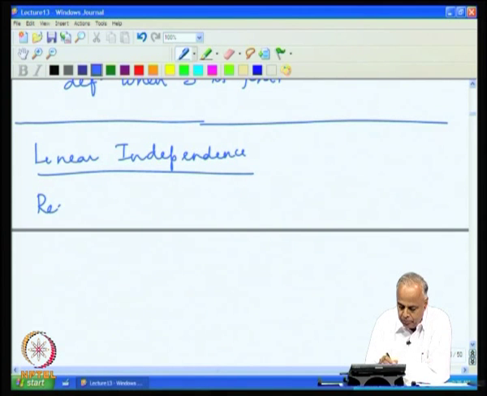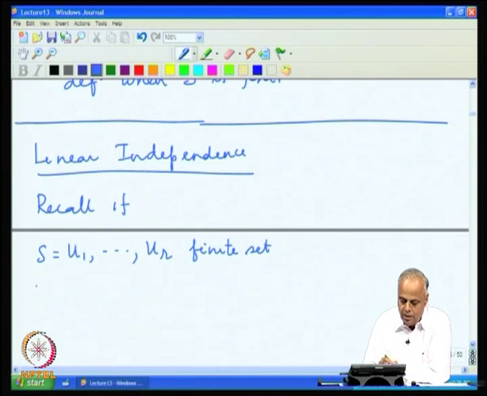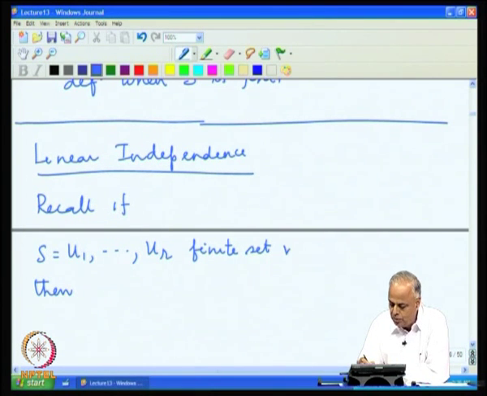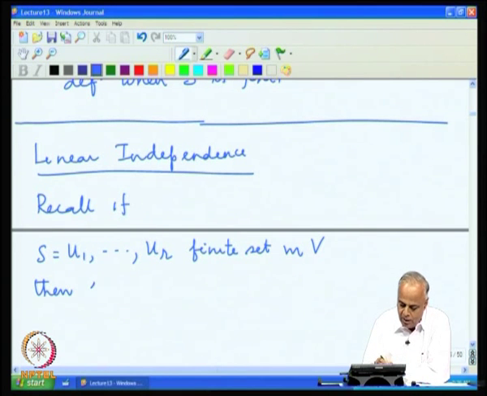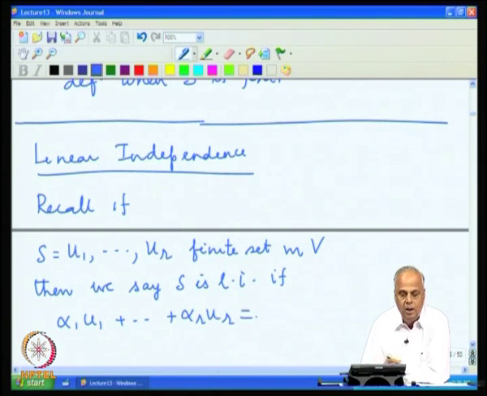So, recall if S equal to {u1, u2, ..., ur} is a finite set in the vector space V, then we say S is linearly independent if any linear combination of this giving the 0 vector forces all the coefficients to be 0.